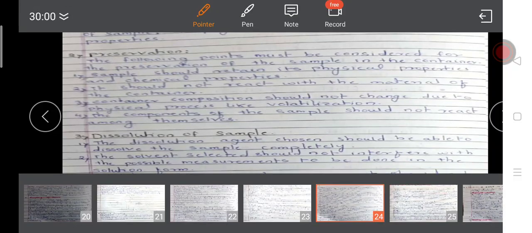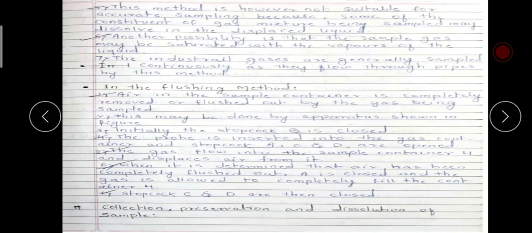Now collection, preservation and dissolution of sample. In sampling, the collection is very important, then the preservation, and then the third step is the dissolution.